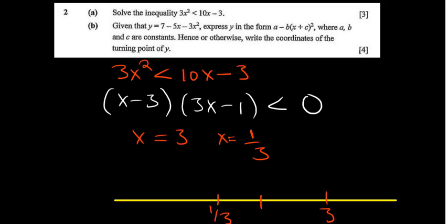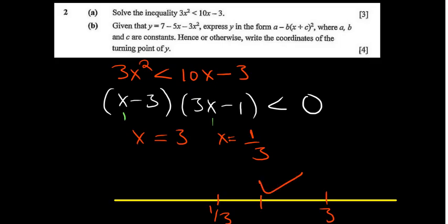So let's try a 1. If you put a 1 in that inequality we have, in the first bracket you're going to get a negative. In the other bracket you're going to get a positive, so it gives you a negative. Now the question is, is a negative number less than 0? Yes, it is. So it means the middle part has agreed as a solution set.